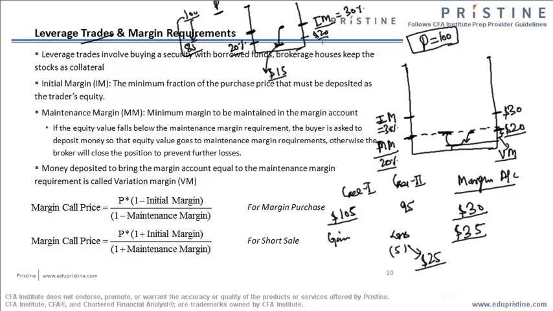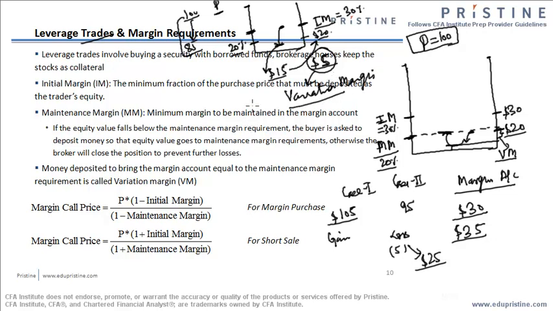So if it is below the maintenance margin, you need to deposit some amount to bring your margin account back to the maintenance margin. What is the difference between the maintenance margin and the current account? It is $5. So you need to deposit $5 to bring your margin account back to the maintenance level. So these extra $5 are called the variation margin.